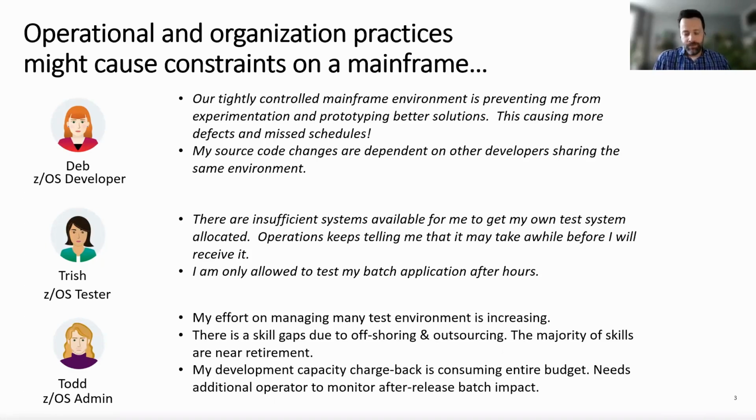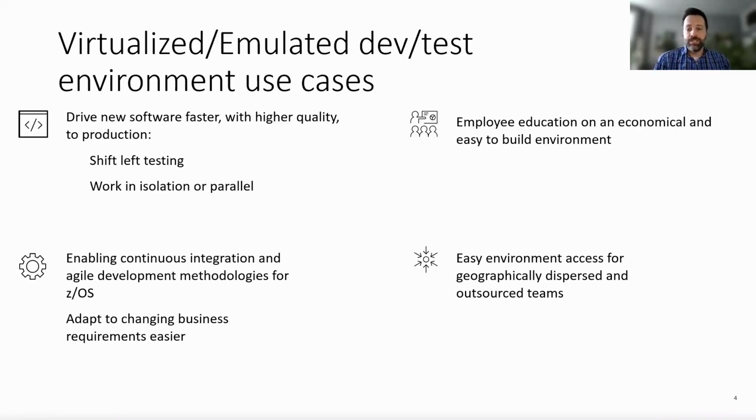There's many different reasons why a lot of the folks in the zOS dev test space are constrained. And again, it really just boils down to insufficient resource available for being able to do those activities. That's where it would be nice to have the capability of self-provisioning of either emulated or virtualized environments.